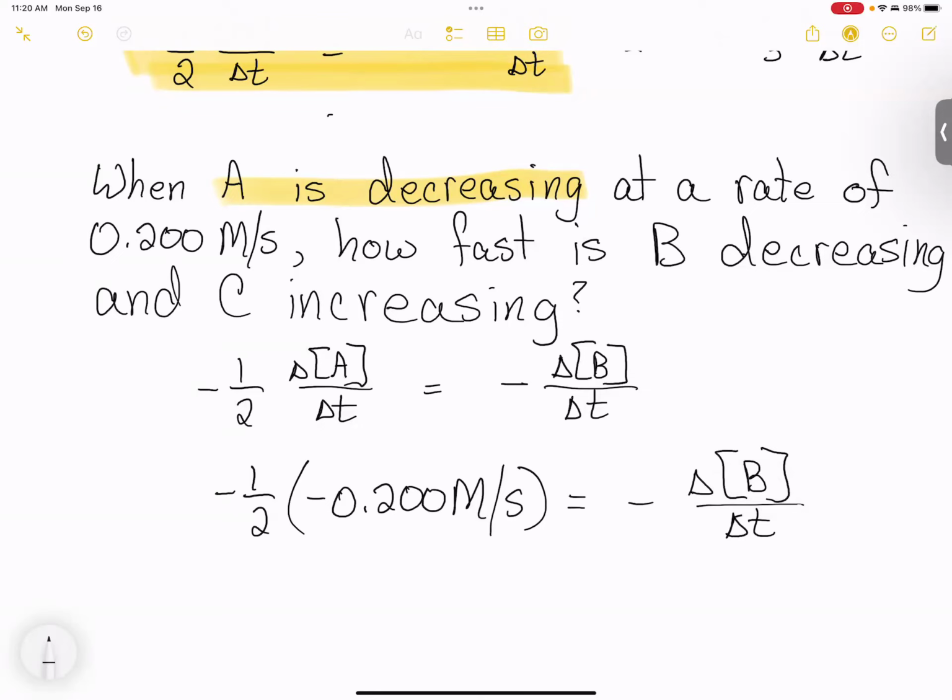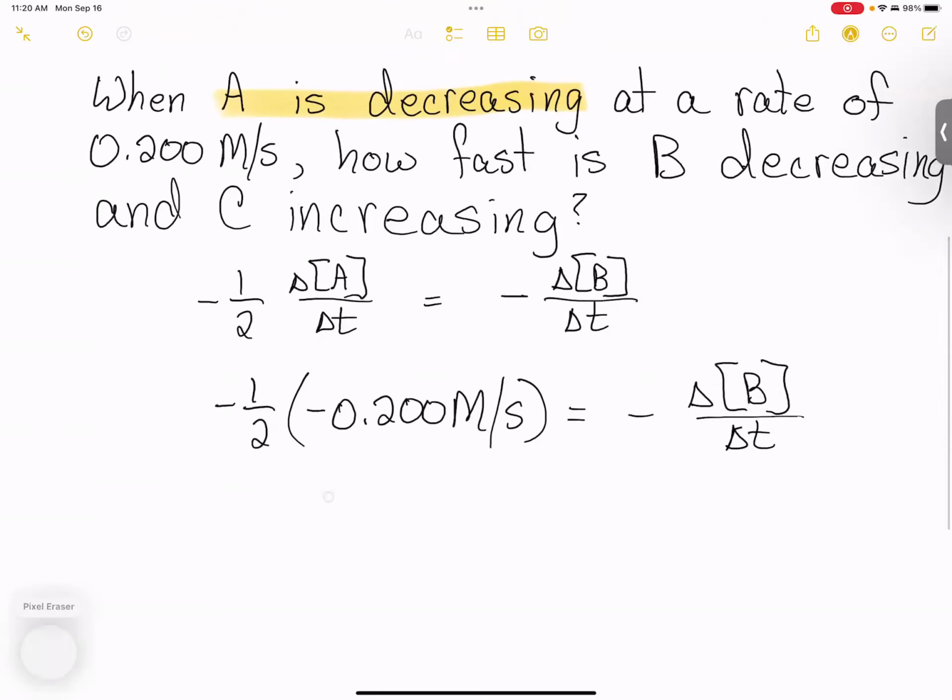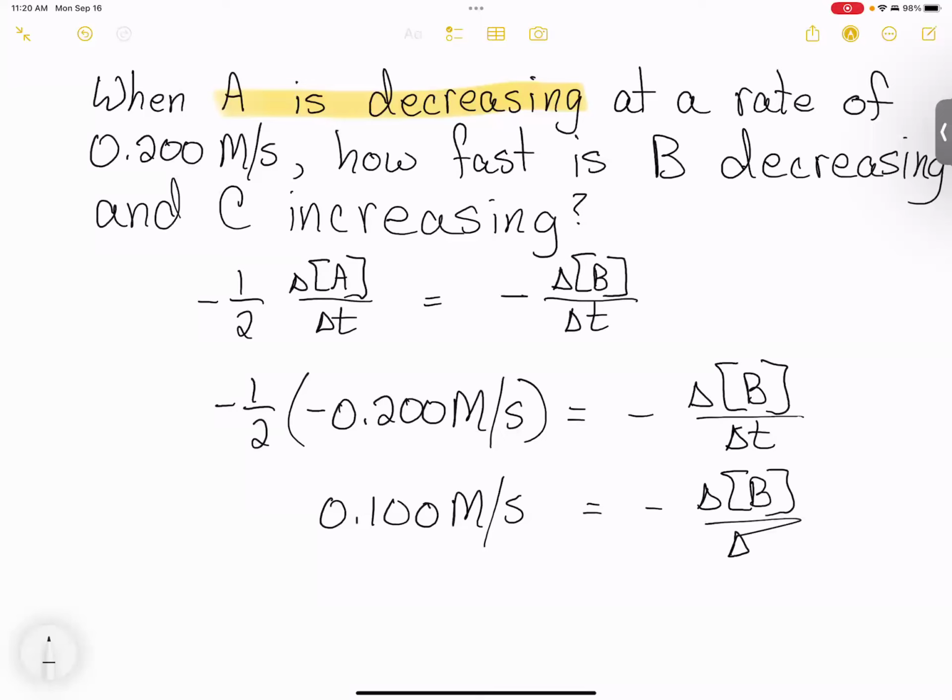Or in other words, we're looking at 0.100 molar per second is equal to the negative of the delta B over the change in time. So we're looking at a loss of 0.100 molar per second for our concentration of B over a change in time.